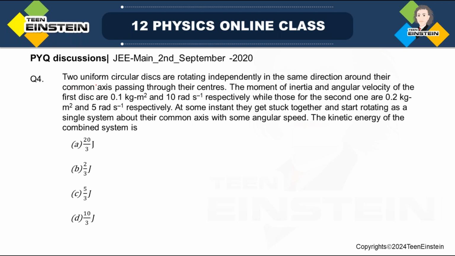This question says two uniform circular disks are rotating independently in the same direction about their common axis. So there are two uniform circular disks, like dishes, rotating in the same direction.